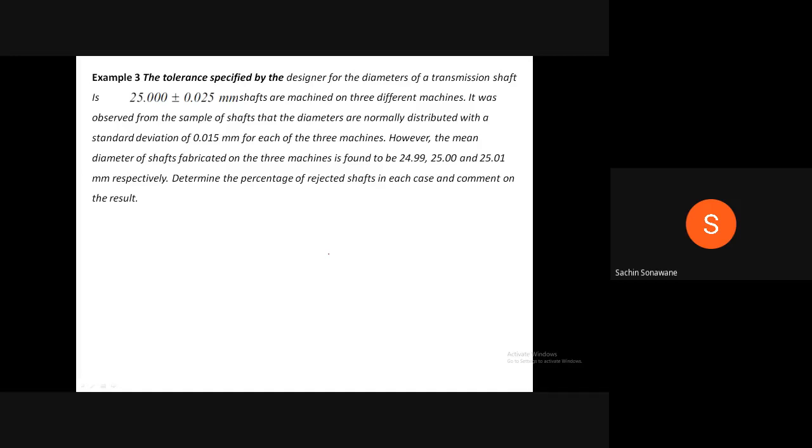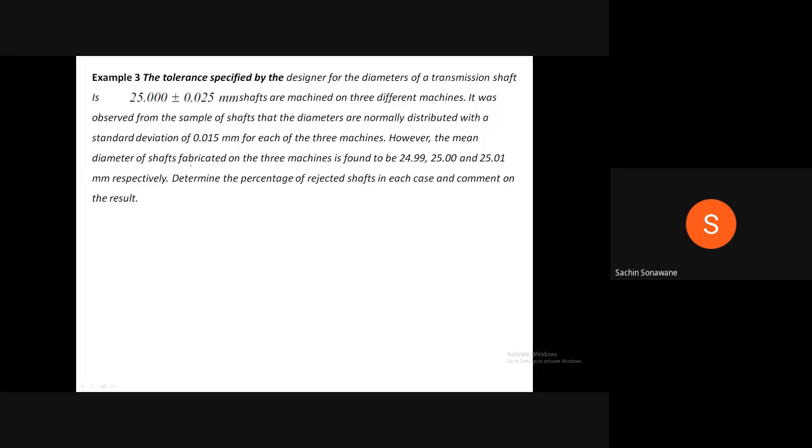Then write down this problem number 3 now. The tolerance specified by the designer for the diameters of a transmission shaft is 25 plus minus 0.025 mm. Shafts are machined on 3 adjacent machines. It was observed from the sample of shafts that the diameters are normally distributed with a standard deviation of 0.015 mm for each of the 3 machines.